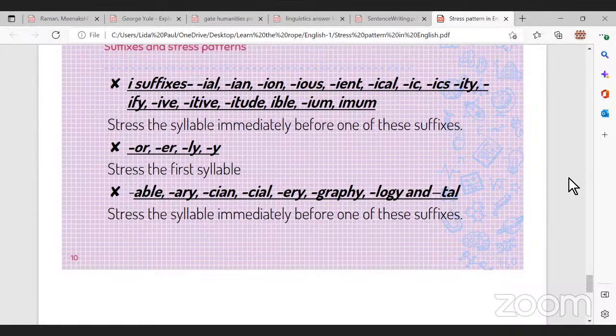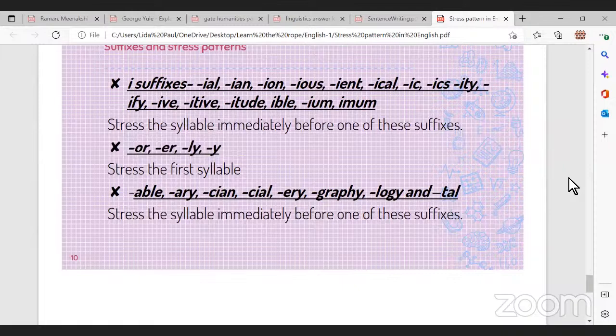Where will you stress it? The question is, where is the stress? How many syllables in translatable? Three. Three vowels. Translatable. Right.